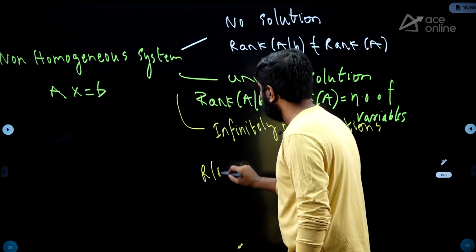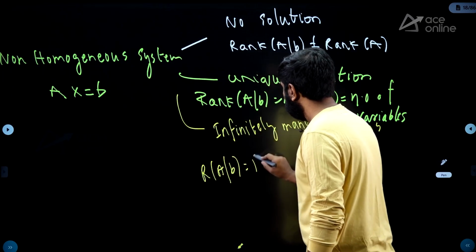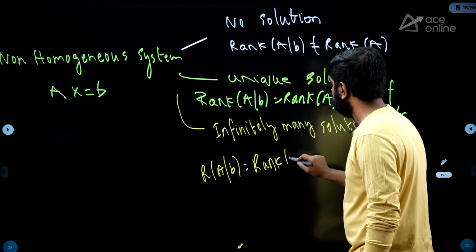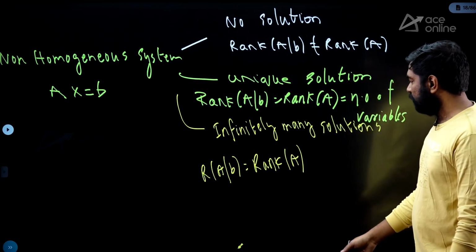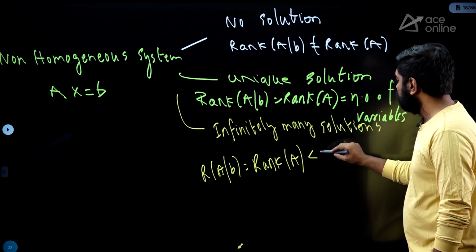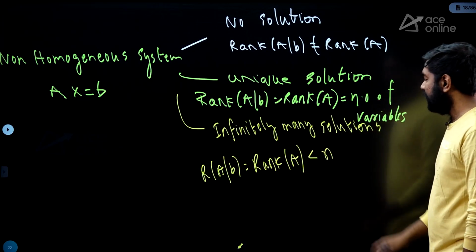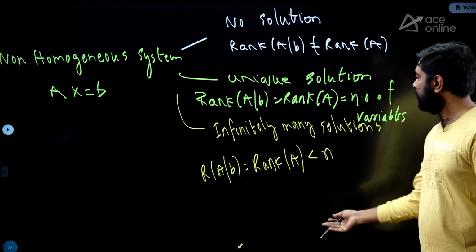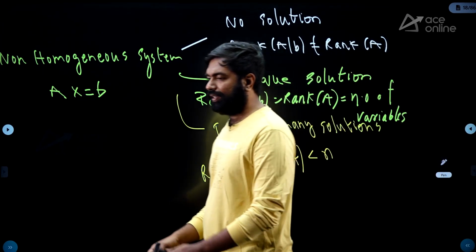When rank of AB equals rank of A, but these two quantities are less than n, where n stands for the number of variables. So you get infinitely many solutions in this case.